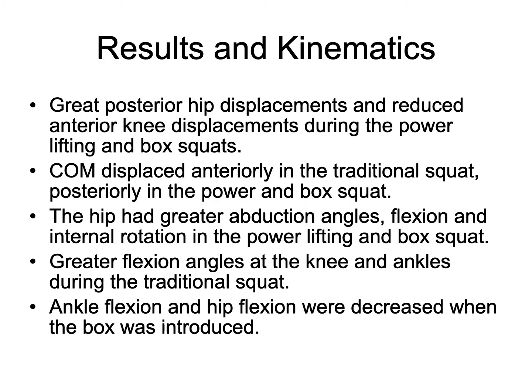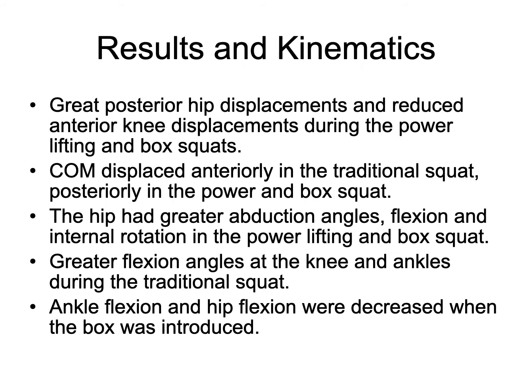So the results were that there was greater posterior hip displacement and reduced anterior knee displacement during the powerlifting and box squats. The centre of mass displaced anteriorly in the traditional squat and posteriorly in the power and box squat, although this is probably due to the fact that in the power and box squats they're instructed to keep as vertical a lower limb as possible.